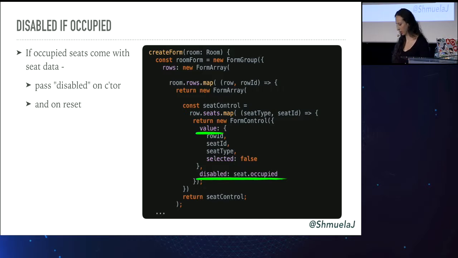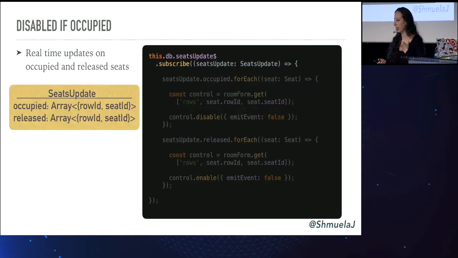So that's one option. But in our case, we get the data about occupied seats and released seats all the time, not only when we create the form. And we don't want to create the whole form or the whole control over and over again whenever we get this data. So how do we do that?